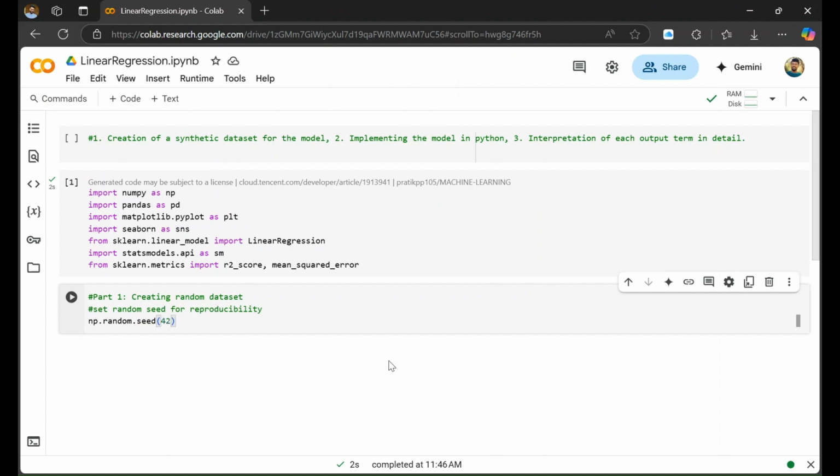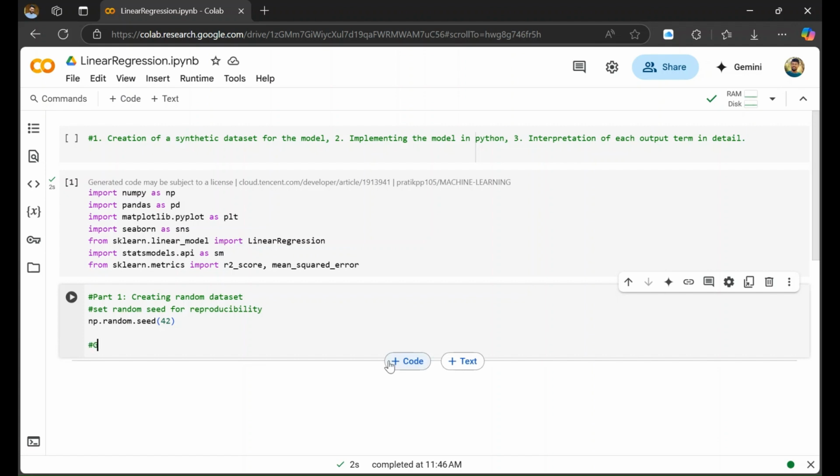It just ensures that every time you run it, the same data set is used. The numbers won't change. So here it's 42. In the place of 42, you can give any other number also.